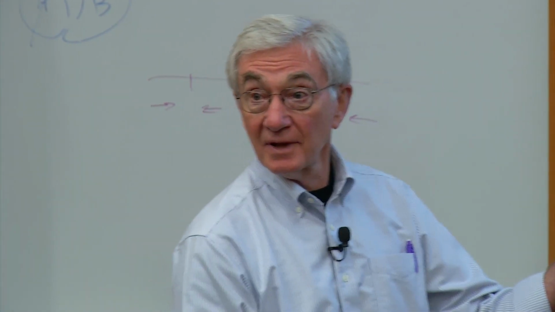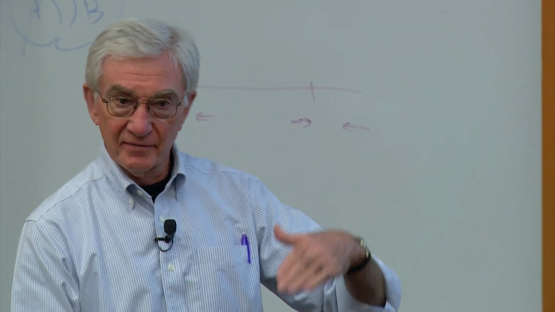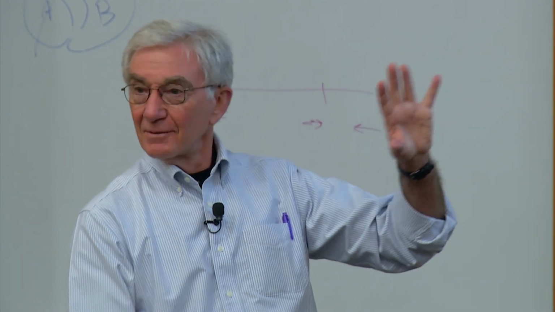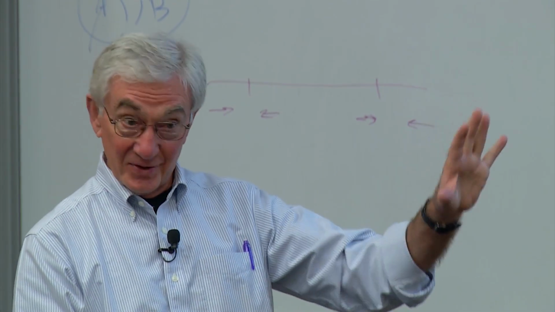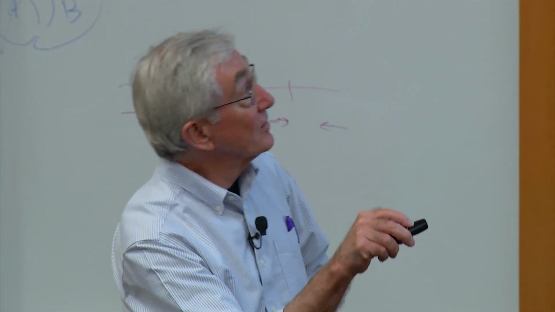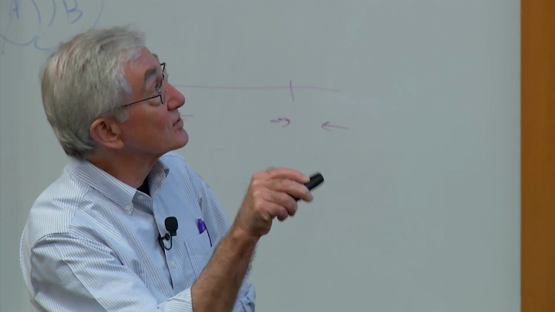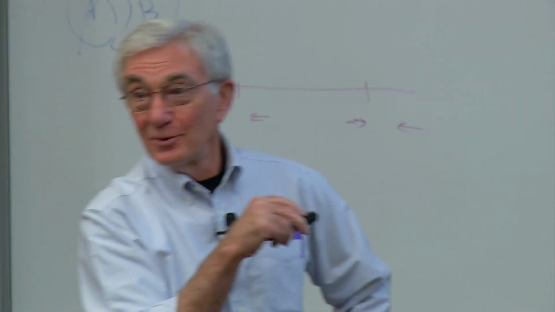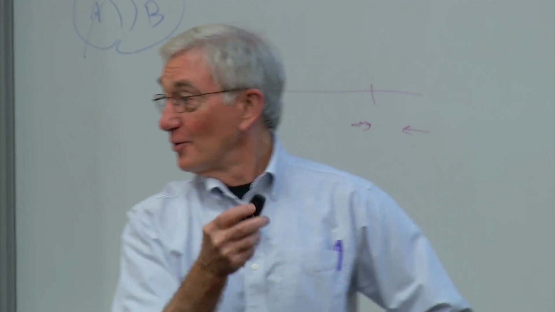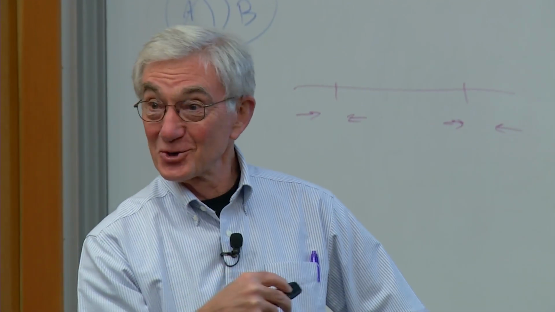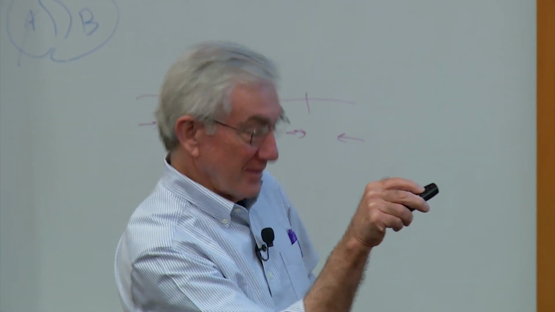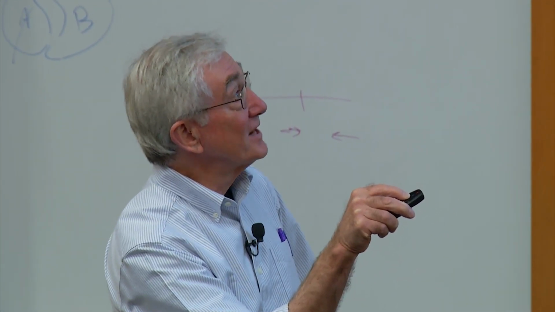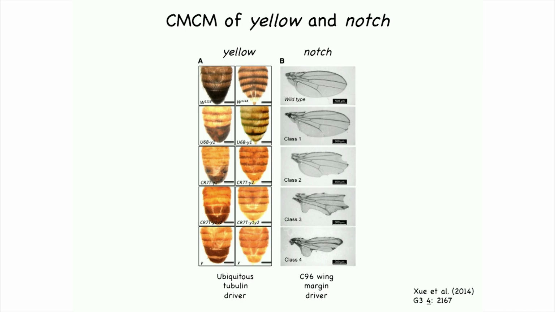So if you completely knock out Notch, you don't get adult flies. But to see the effect of Notch in a specific tissue, you can drive Cas9 with a tissue-specific promoter and just see what the effect is on the wing. You can also see from this slide why this gene was called Notch, right? Because even in the original spontaneous mutant, the wings were notched like that.